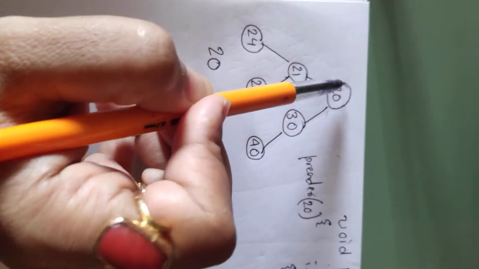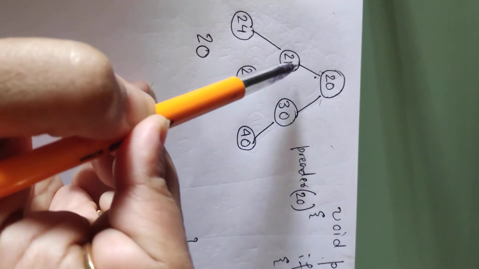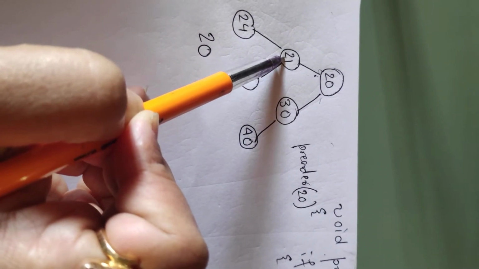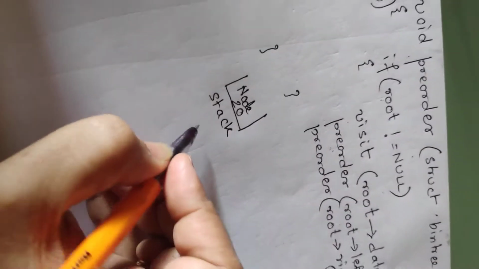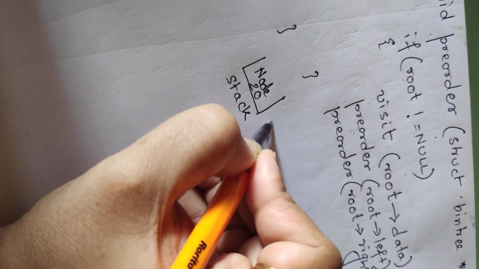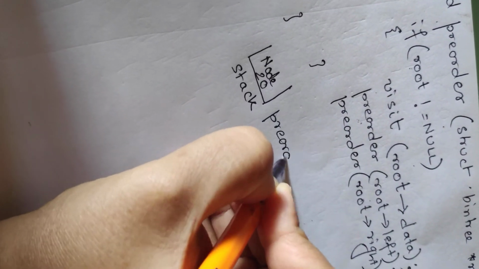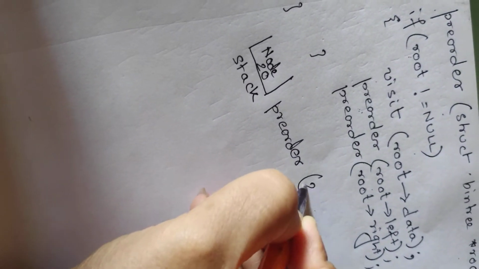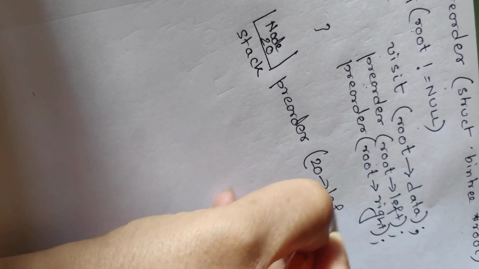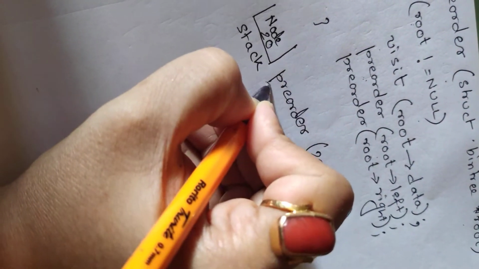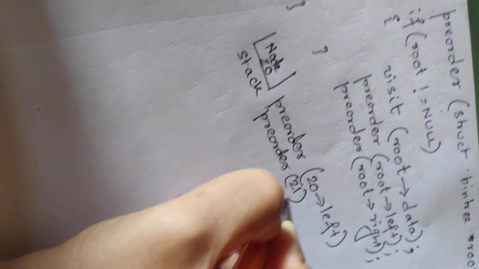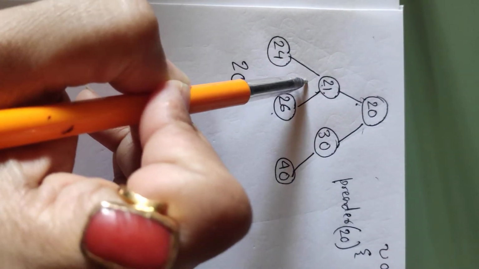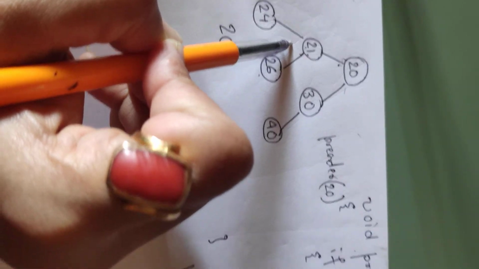Now when you are at 20, root left means 21. Correct? So from here you would be calling preorder 20 left. That means you are calling preorder 21, that is the left child of 20. Correct?